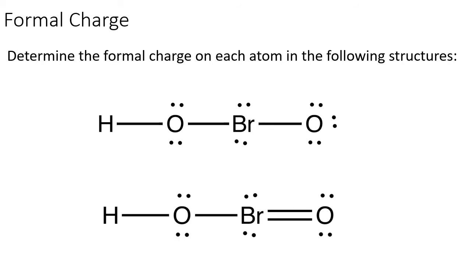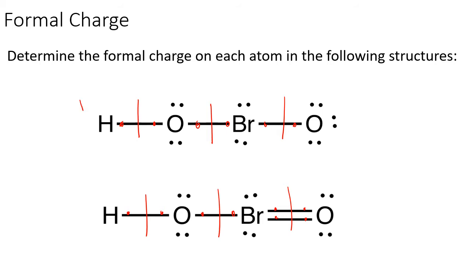My method is I break the bonds in half, so we're drawing this imaginary line through them, and one electron gets associated with each atom. And then we count the electrons around them and compare them with the number they should have from the periodic table. So hydrogen's in group 1A, so it should have 1.